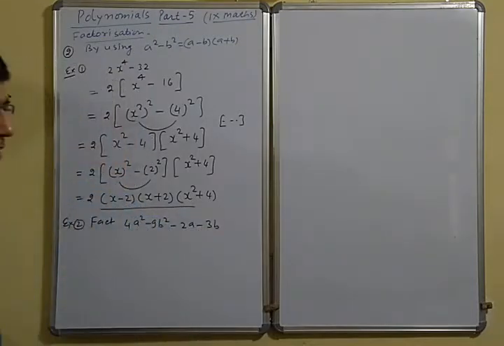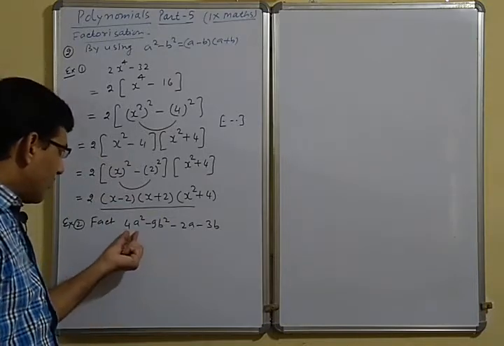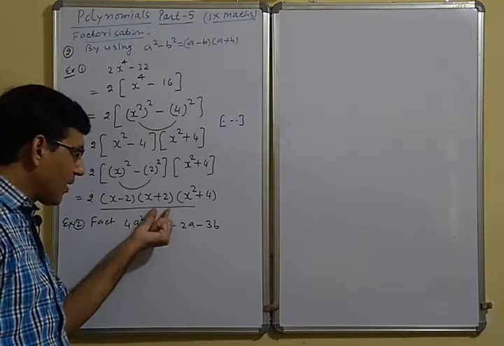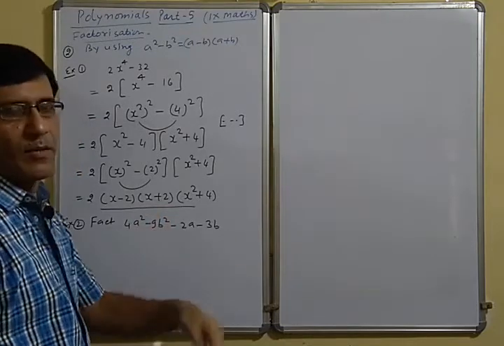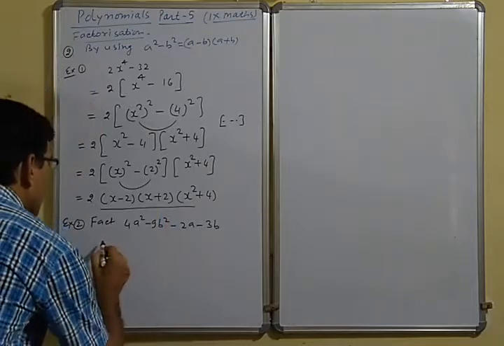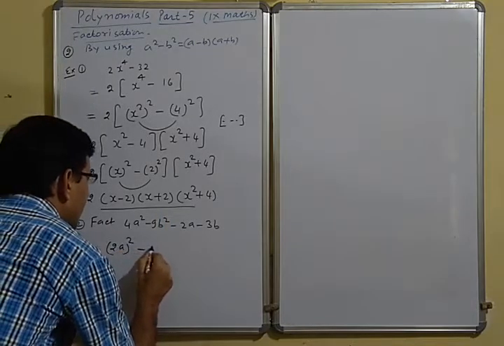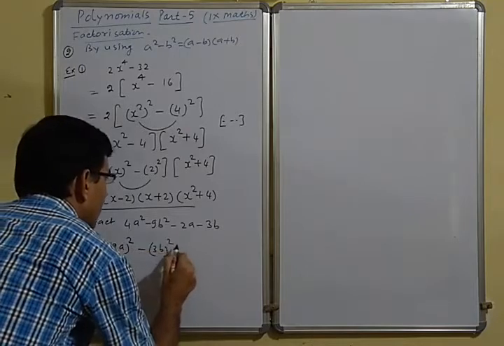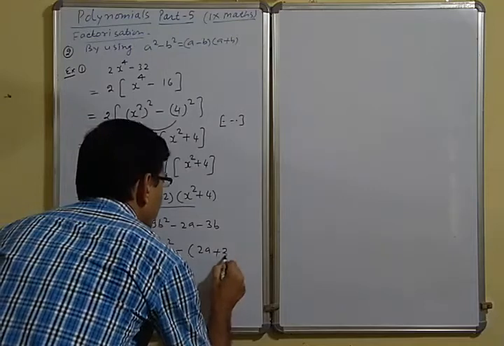We have to factorize it. So just you see it, this is 2a whole square, this is 3b whole square. So here we'll apply the formula, and after that we'll use the method of grouping. Now this is 2a whole square and this is minus 3b whole square. So minus, if we take common, it becomes 2a plus 3b.